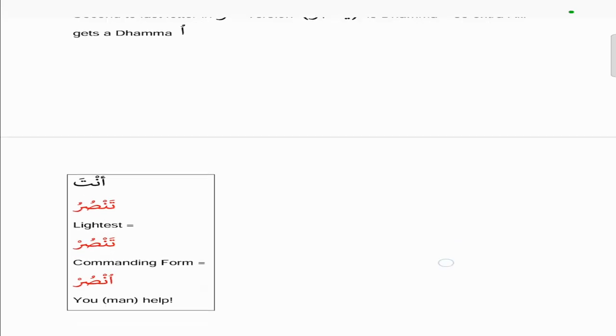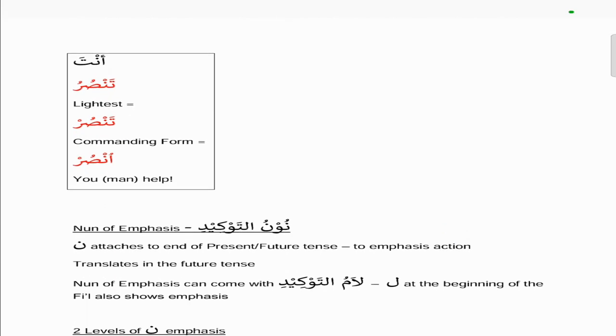And this table has the anta, so it's explained step by step. The normal version for anta would be tansuru. For the lightest version, we change the dhamma on the ra into a sukoon, so it becomes tansur. Then we remove the ta at the beginning of the fi'l.